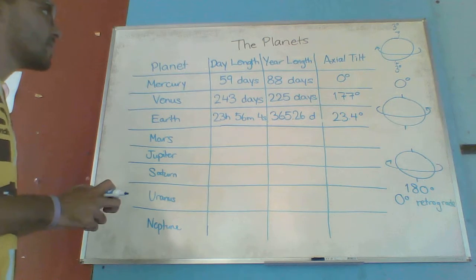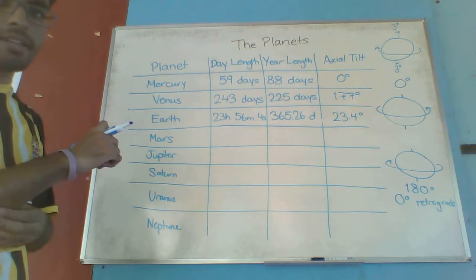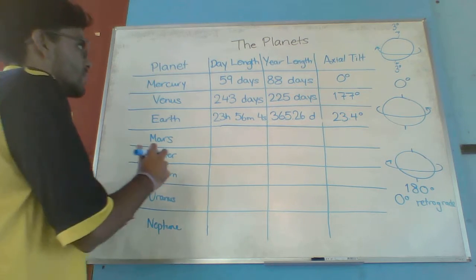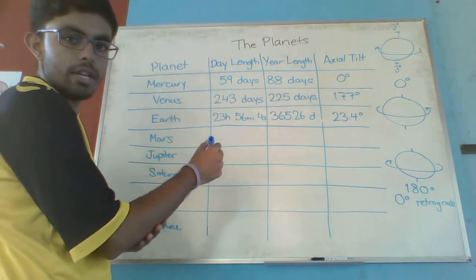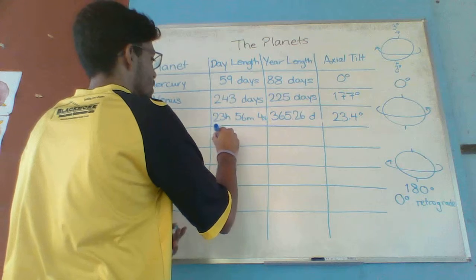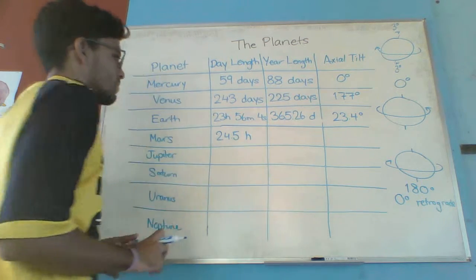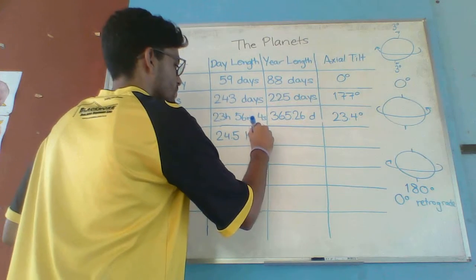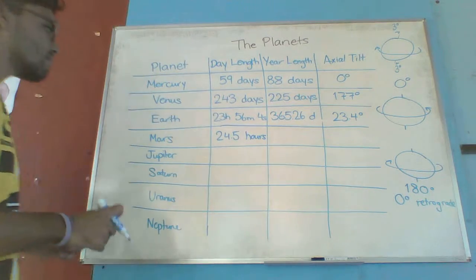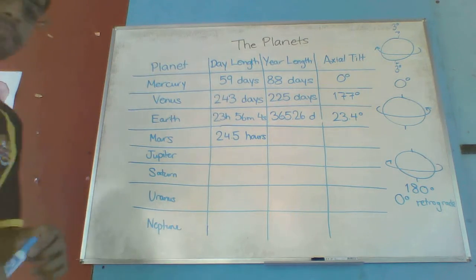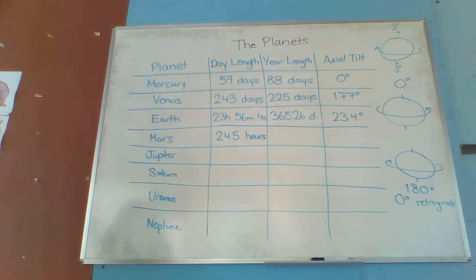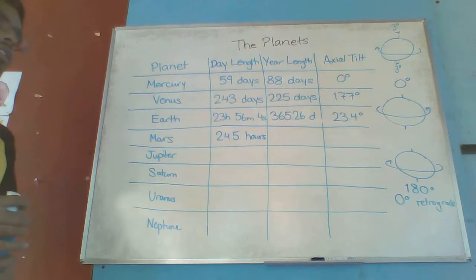All right, next planet is Mars. It's actually quite similar to Earth in terms of its day length and in terms of its axial tilt. Its day length is actually only 24.5 hours, so it's not that much longer than Earth. It's about, I think, 2.7% longer than an Earth day.